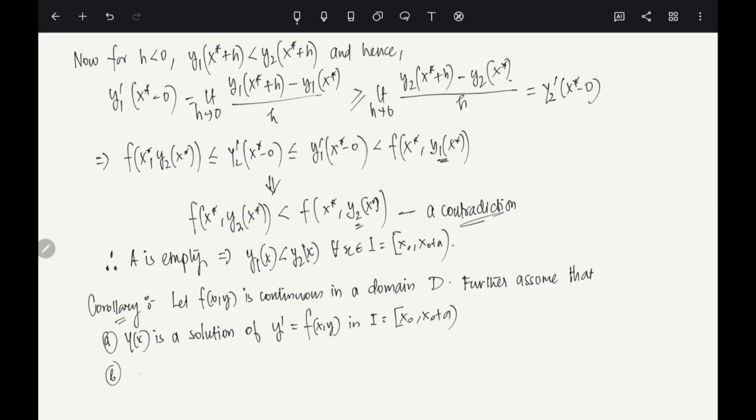And y1 of x and y2 of x solve the differential inequalities.